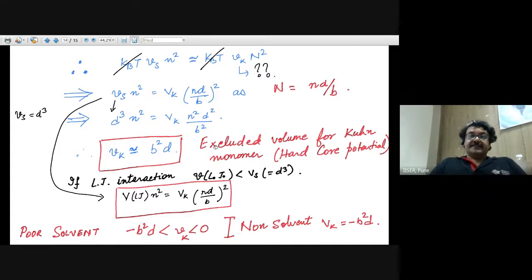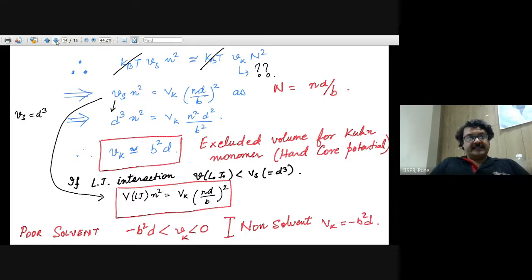And this is the value of the excluded volume for Kuhn monomers for the hardcore potential. Now note, this is something interesting. So the excluded volume, dropping prefactors, comes out to be b squared d.